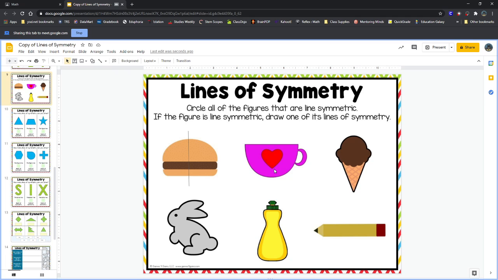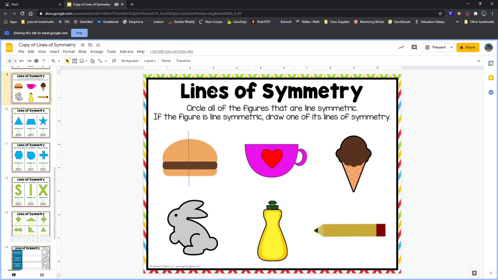What about my ice cream cone? Who can tell me, does my ice cream cone have any lines of symmetry? Bradley, what do you think? Ice cream cone, lines of symmetry? Yes or no? How many lines of symmetry can I find?